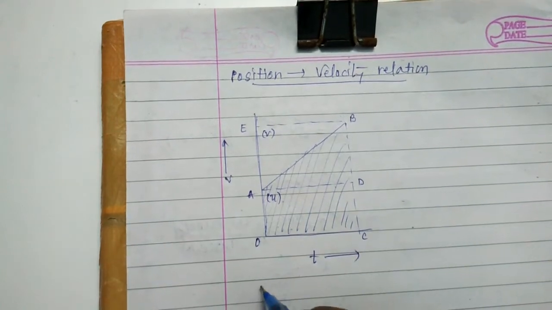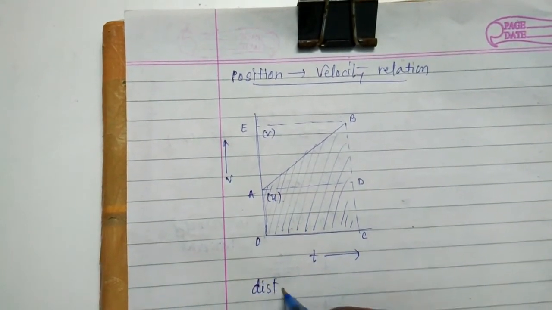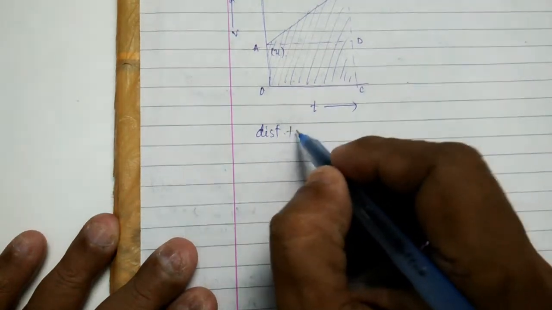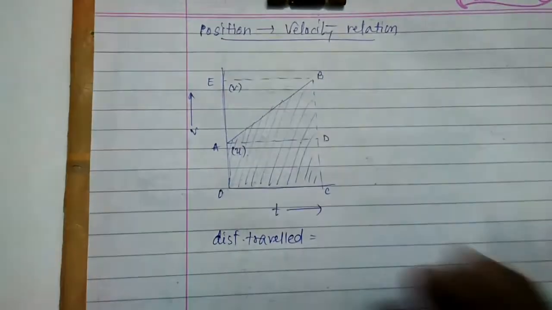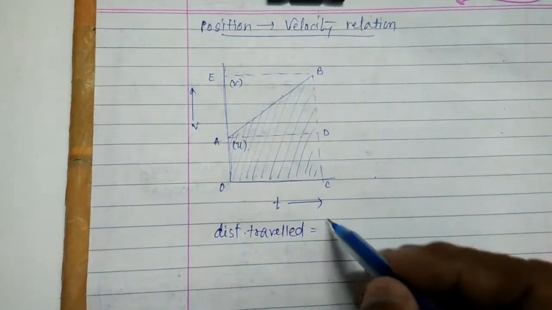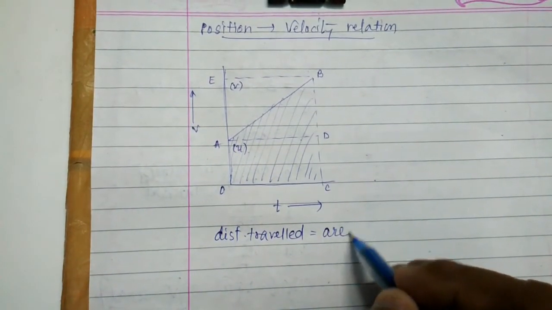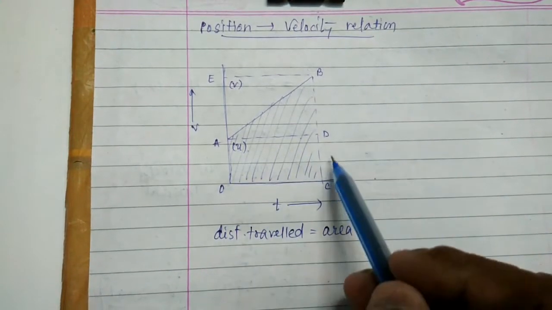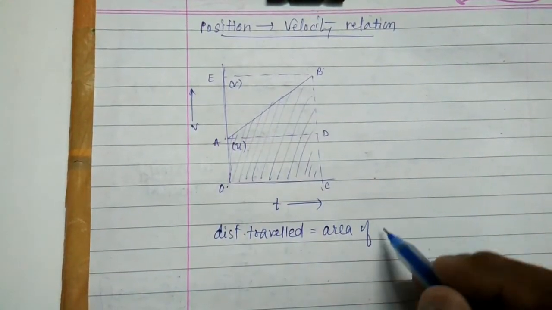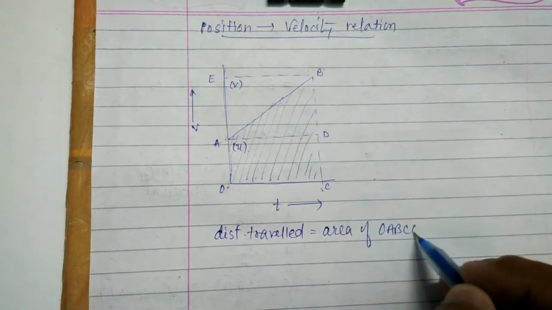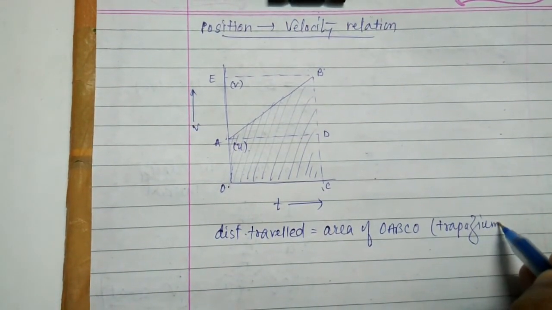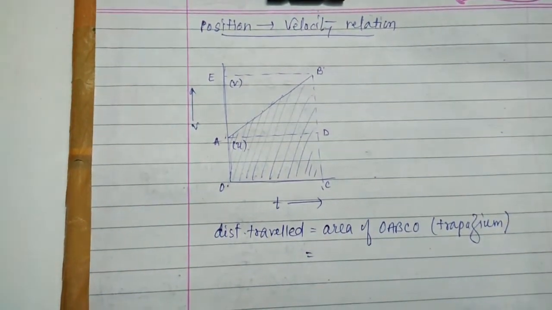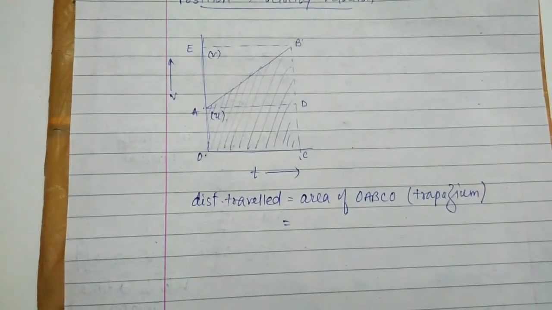The distance traveled is equal to the area of OABCO. It means trapezium. Now we have a direct formula also for the area of trapezium.